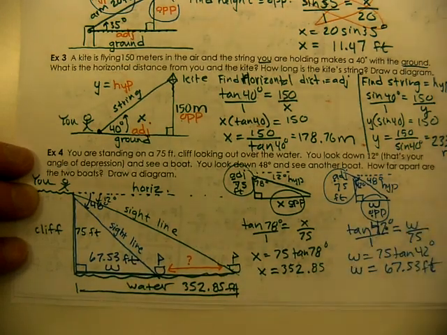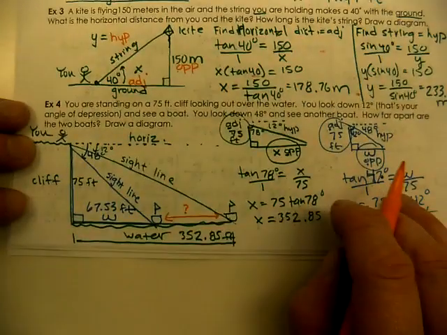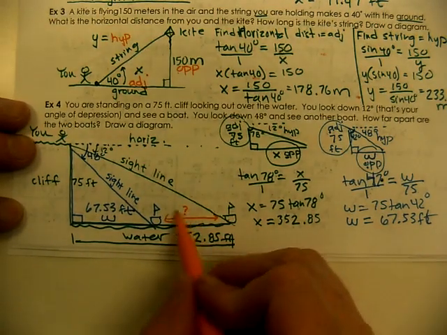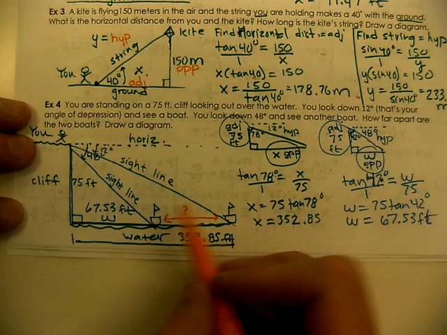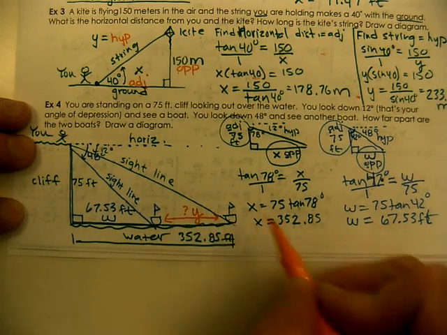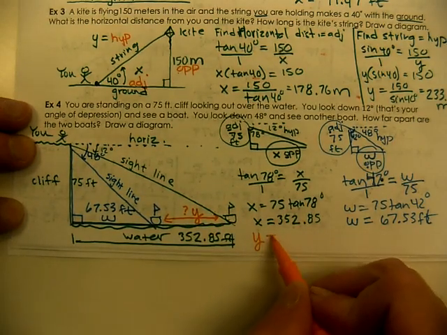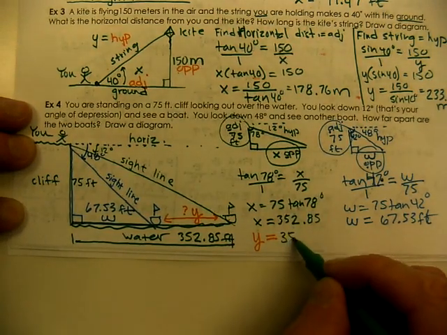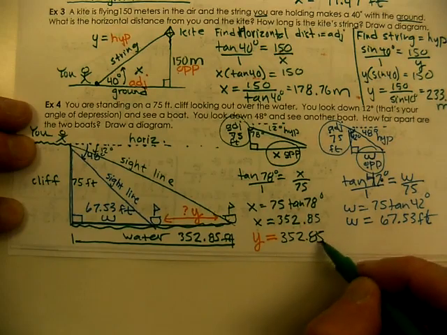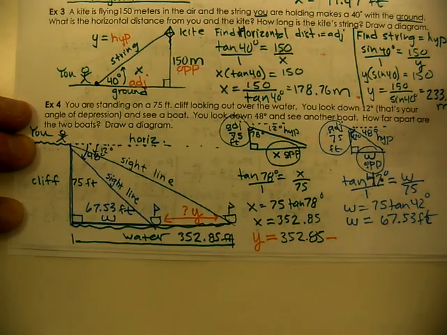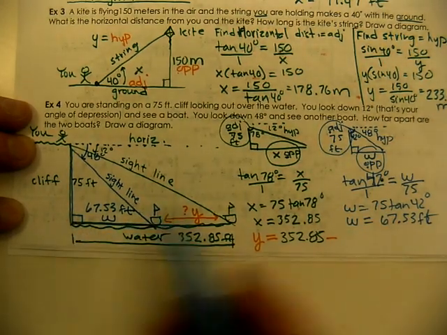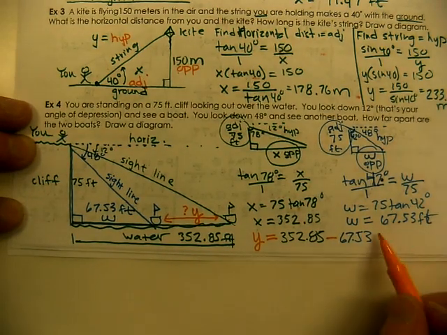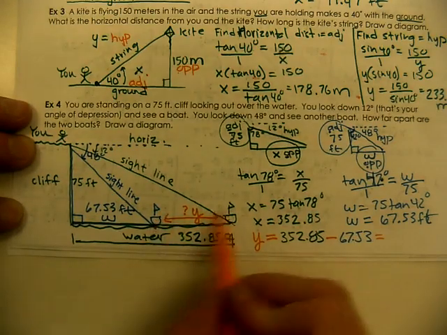So if you take a look at these two lengths, what we're trying to figure out is the distance between the boats here. It's a question mark on the picture, but let me give that another variable. Let's call that y. To find y, we're going to take the bigger base, 352.85, and subtract the smaller base of the smaller triangle, and that difference will be the distance between those two boats.